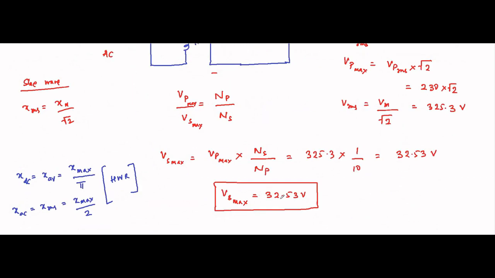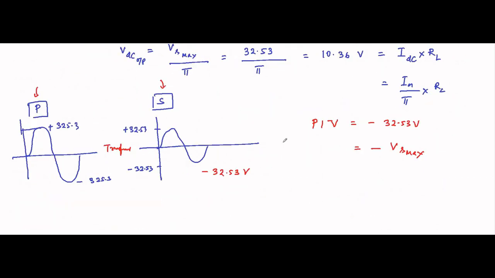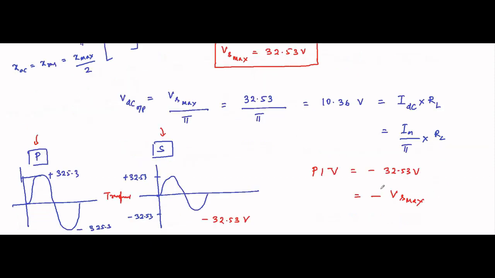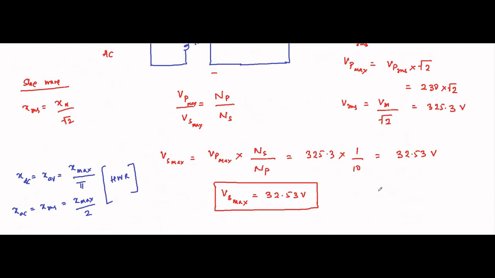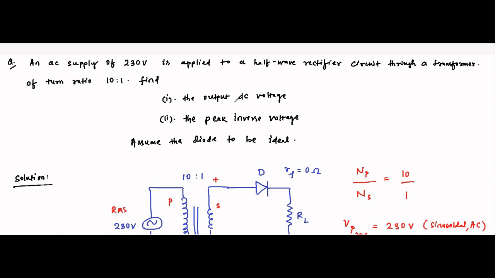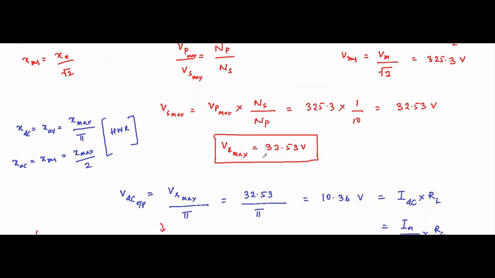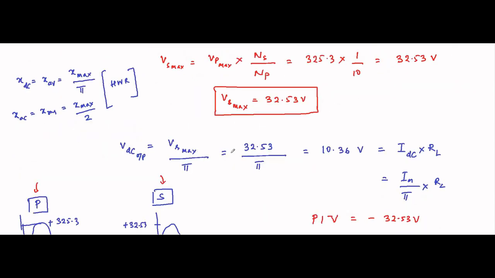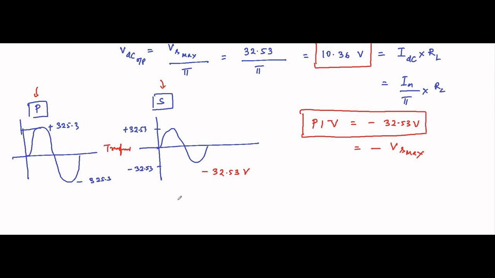So for the first question, the output DC voltage is VDC equal to Vs max by pi, which is 32.53 divided by pi, which is 10.36 volt, and the peak inverse voltage is equal to the negative of the maximum value of the secondary winding voltage.